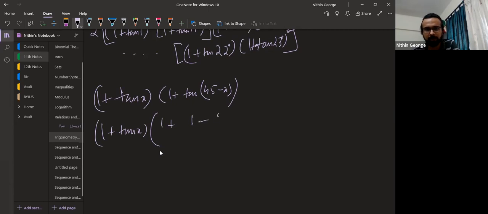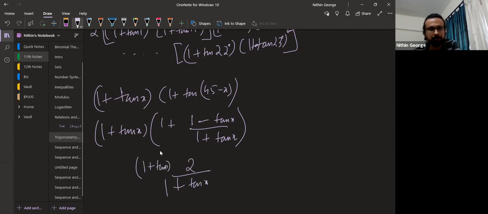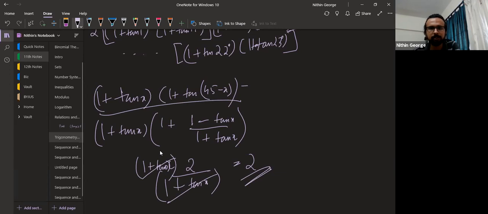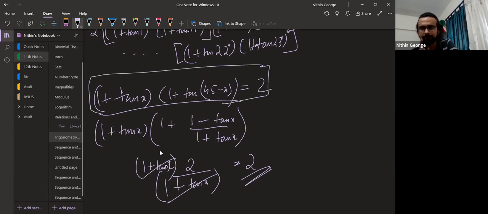Tan 45 minus tan x by 1 plus tan 45, which is 1, into tan x. So then this becomes 1 plus tan x plus 1 minus tan x. So this becomes 2 by 1 plus tan x into 1 plus tan x. Okay, they will cancel out and you get 2. So whenever you have this, remember that this is equal to 2 here. Got this? Yes, sir. Any doubts here?